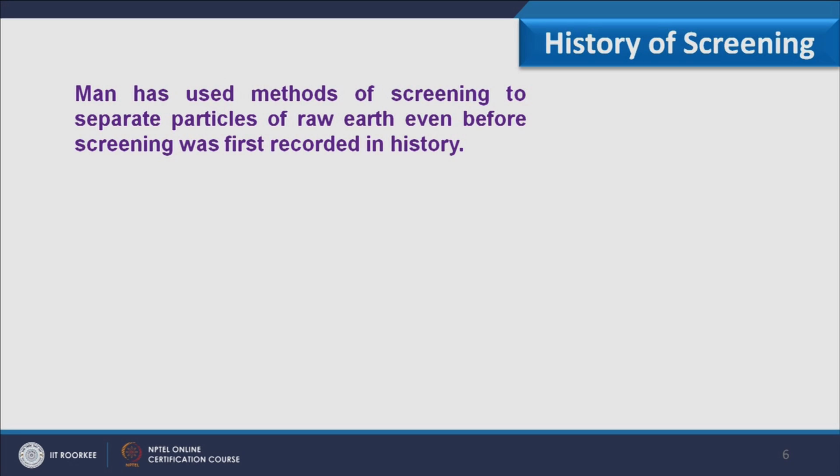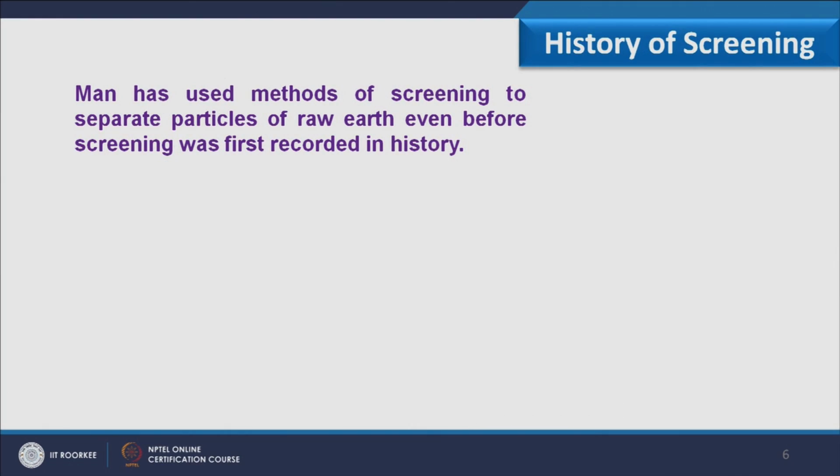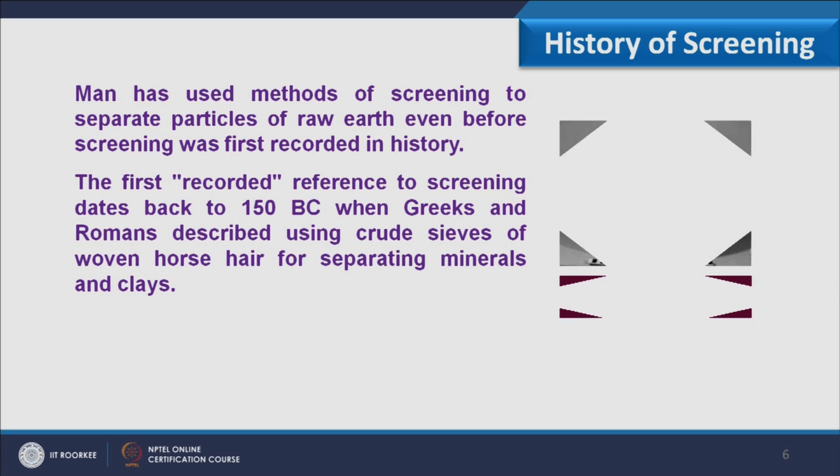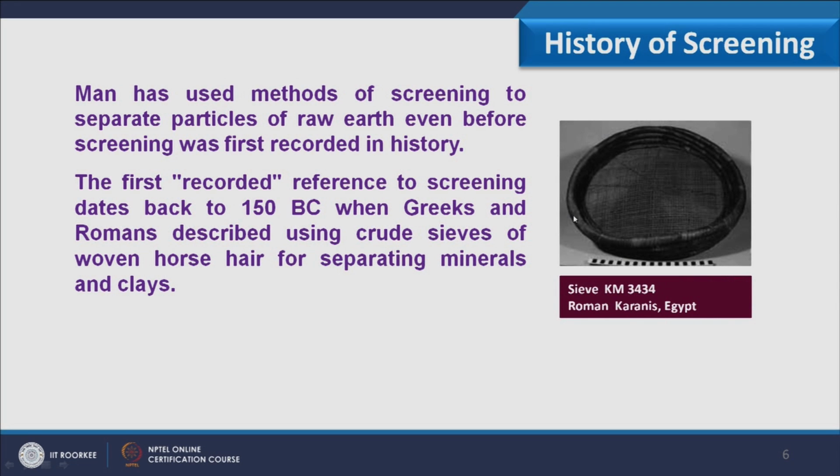Here I am discussing the history of screening, whatever we have used in past days. Man has used methods of screening to separate particles of raw earth even before screening was first recorded in history. If you see this figure, it is a very old screen which I have also shown in the introduction lecture.